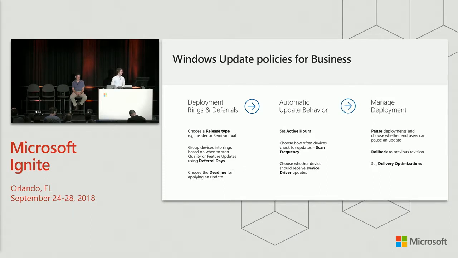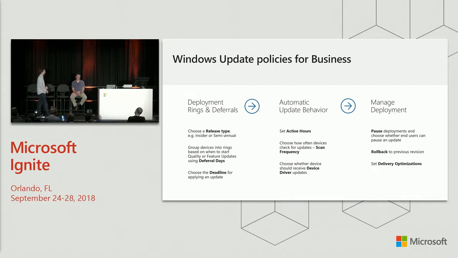Finally, from an ongoing deployment management perspective, I mentioned this remediation motion where you might identify that some threshold has been hit in your listening systems and you want a way to pause the update from happening. This provides a mechanism by which you can do that. Or if something is problematic, you can roll back to the previous revision that was out.